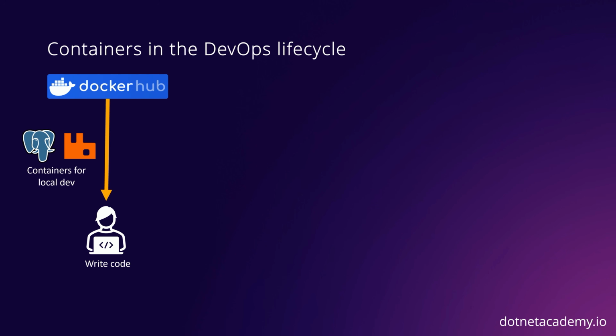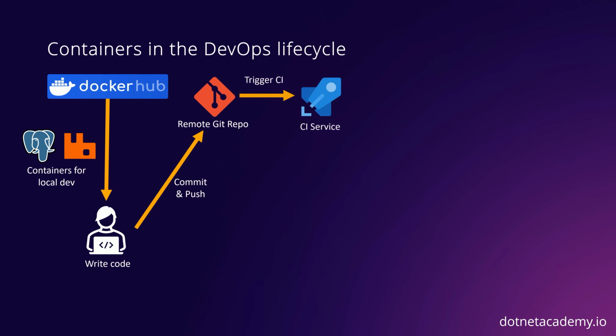available on Docker Hub. When the developer commits and pushes the latest changes to a remote Git repository like GitHub or Azure Repos, a continuous integration pipeline can be automatically triggered in services like Azure DevOps or GitHub Actions.